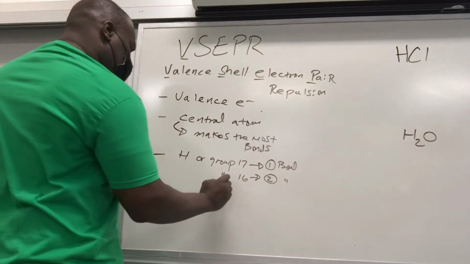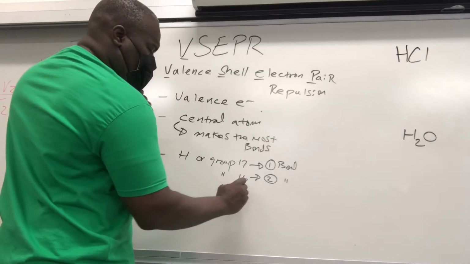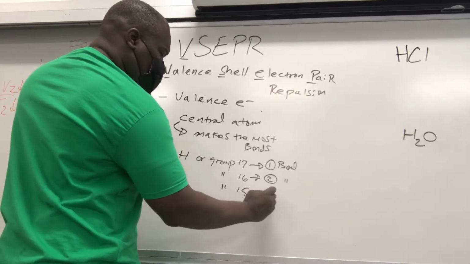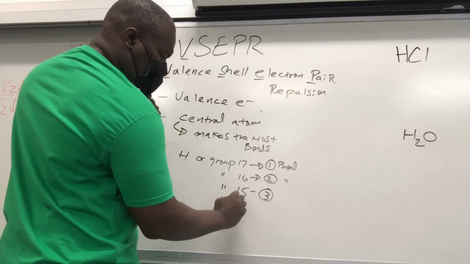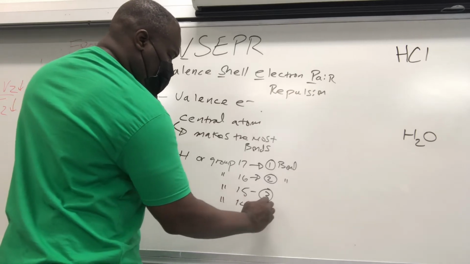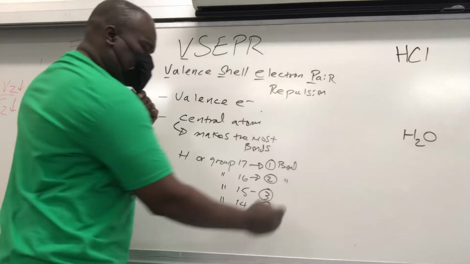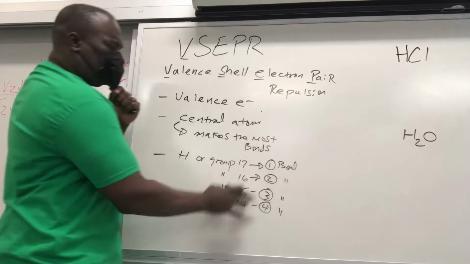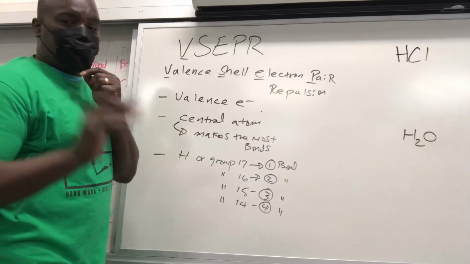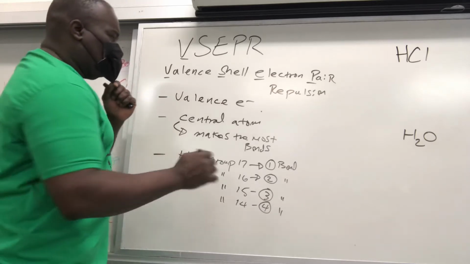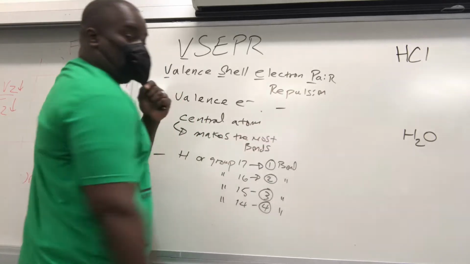If you're in group 15, you're going to form 3 bonds, and if you're in group 14, you're going to form 4 bonds. Knowing this, knowing how many valence electrons we have, and knowing who the central atom is will help us immensely. But there's one more important factor we need to know.